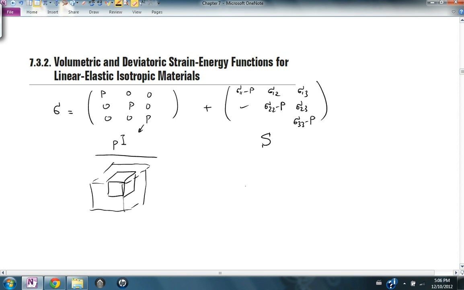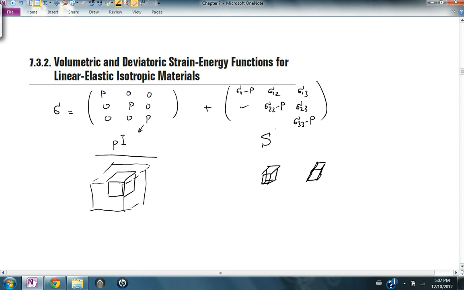So this part of the stress is responsible for shape changes, which means if this is the cube, the distortion of the cube is caused by the deviatoric stress tensor.